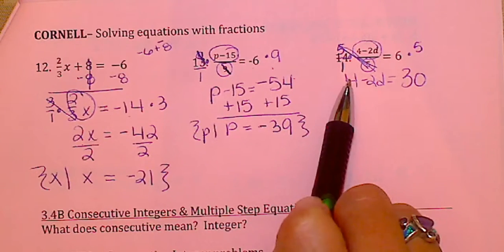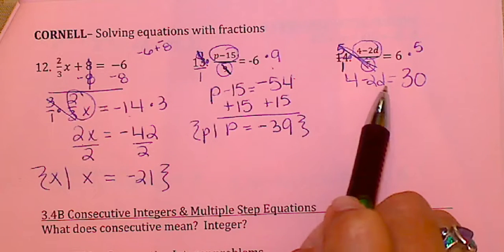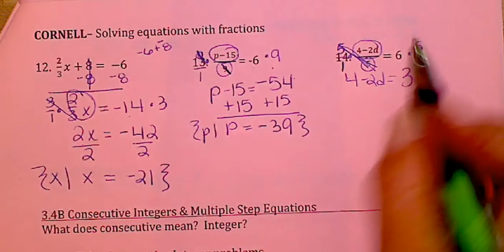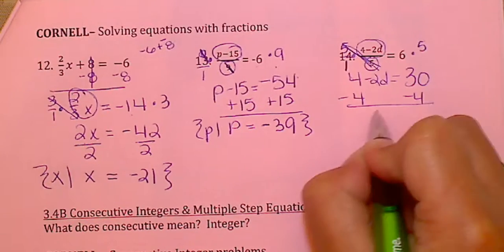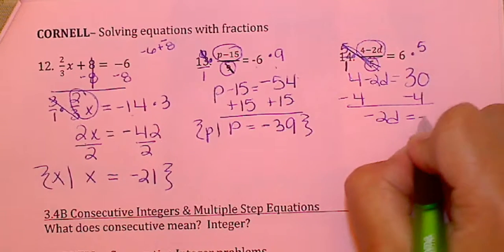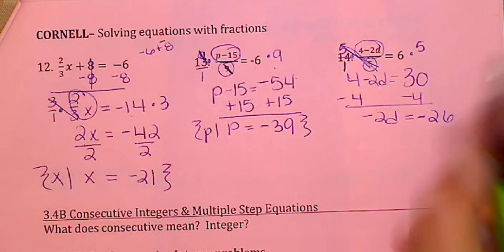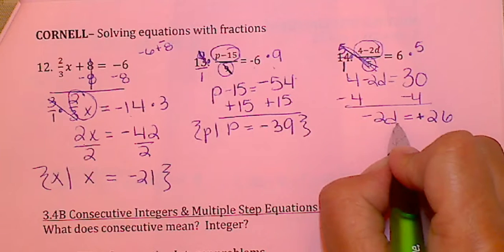So we do need to get rid of the 4 and the -2. The 4 is the addition and subtraction piece. It's a +4. So we're going to undo that by subtracting 4 from both sides. So we get negative 2d equals 30 minus 4, which is negative 26. I'm sorry, positive 26.